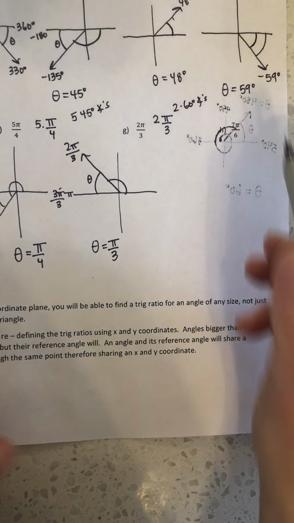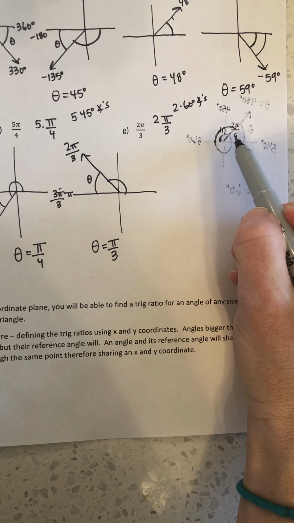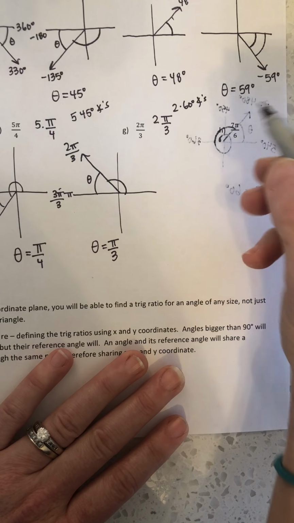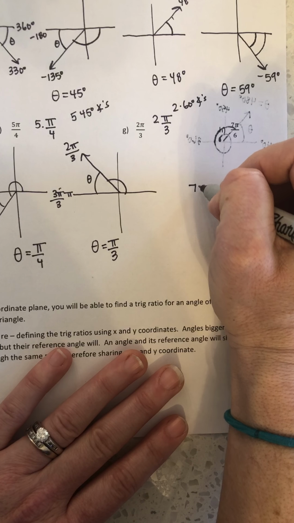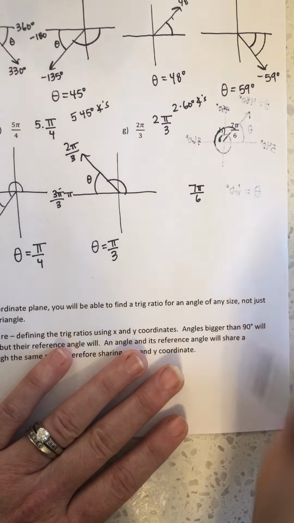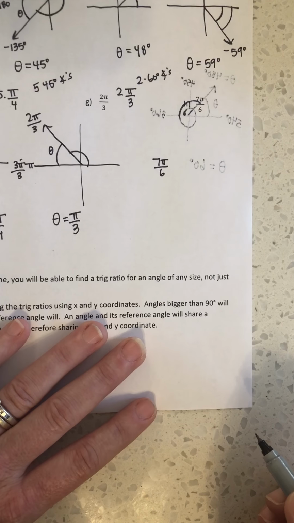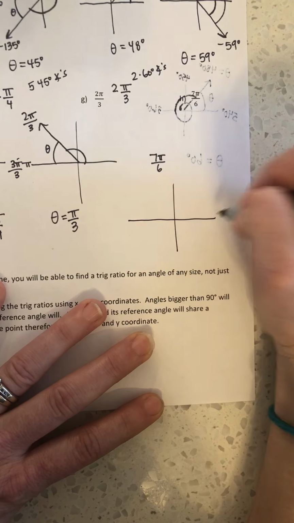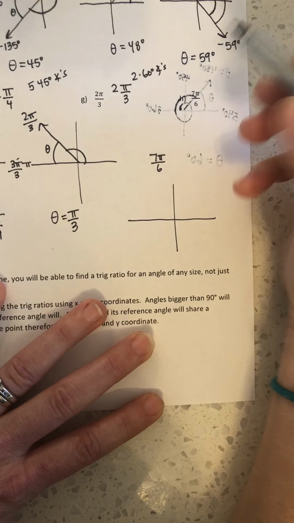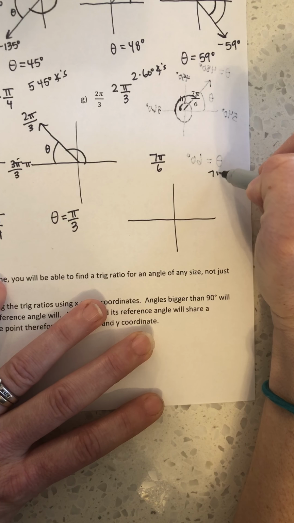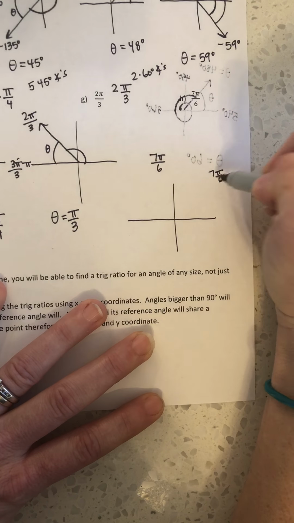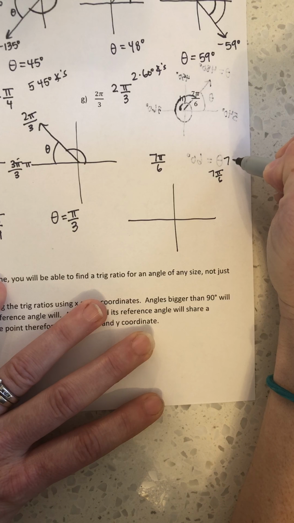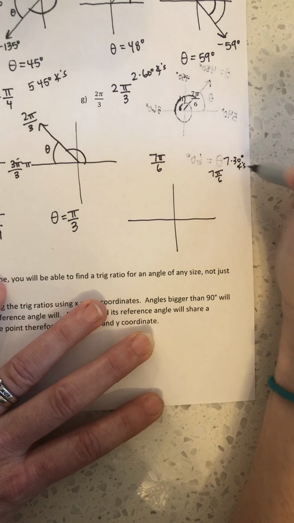Okay, well, I have a problem right here, but it looks like my marker covered it up. It is asking you for the reference angle to 7 pi over 6. Well, first we got to figure out where does 7 pi over 6 land. So let's draw it. Well, you can think of this as 7 pi's over 6, right? So that's 7 30-degree angles.